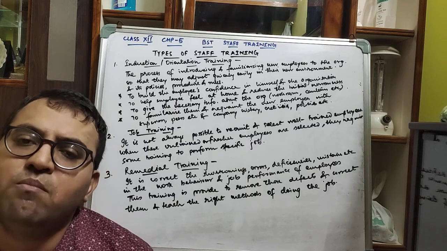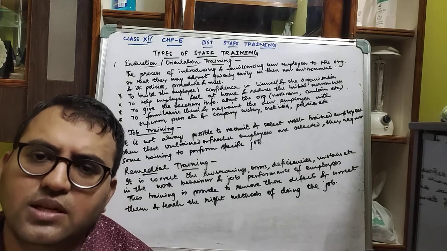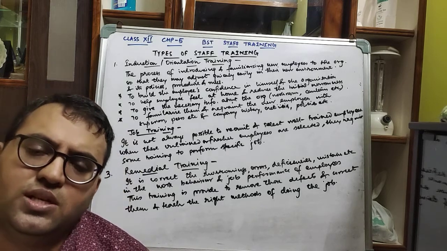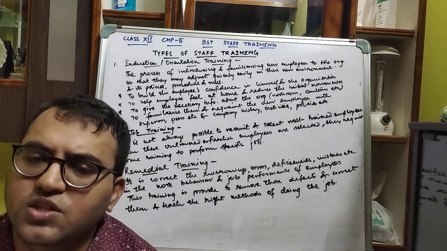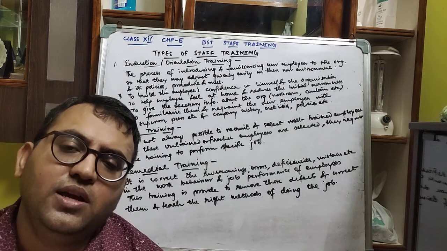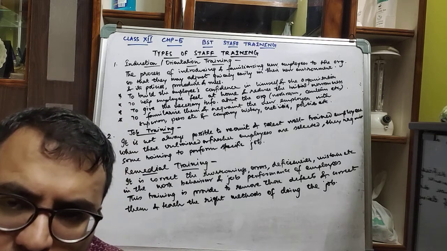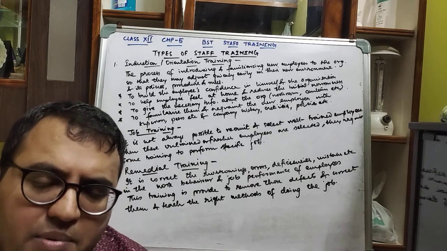Therefore, the employees become more knowledgeable about how to carry out and execute the task, how to handle the machines in an efficient way, how to do the work with ease and smoothness, how to make optimal utilization of resources, how the organization can attain the organizational goals within the stipulated time period.